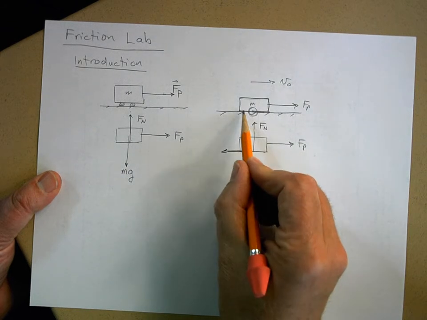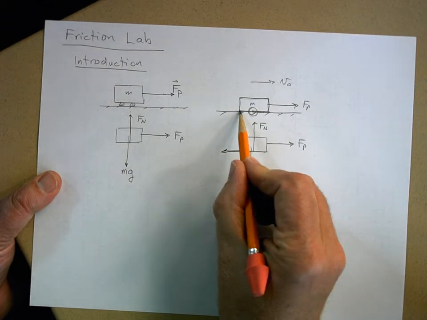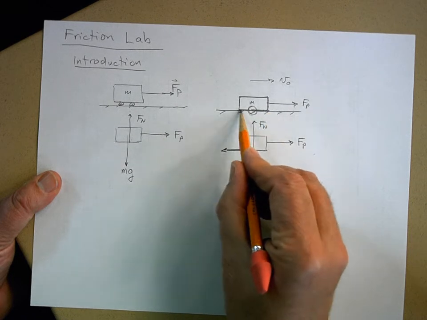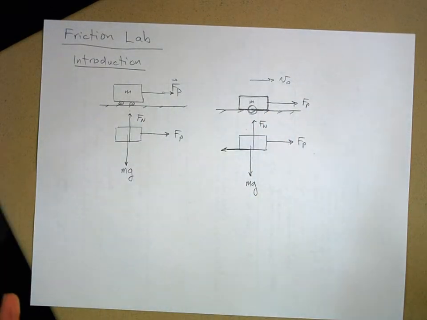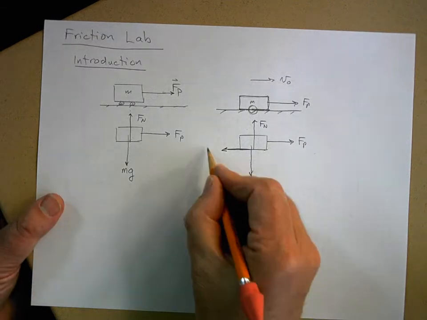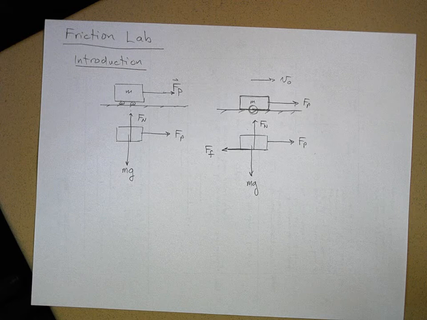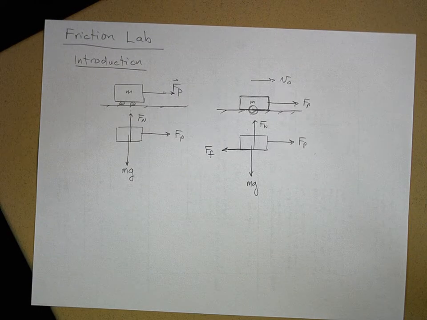Now it's spread out all along the bottom of the two surfaces where they're touching each other. The friction force is spread out over that surface, but we're going to write it as one force on the free body diagram, and we're going to call that the friction force.